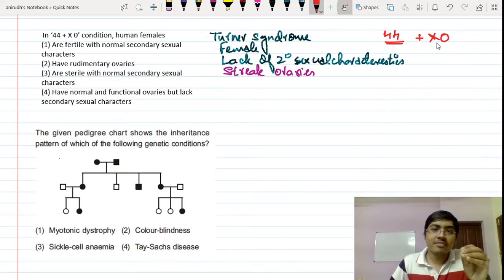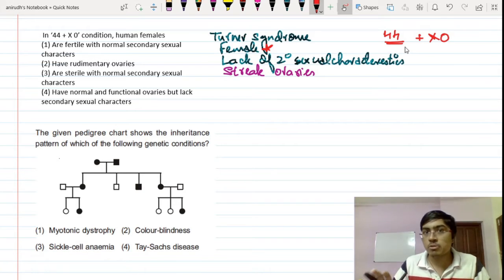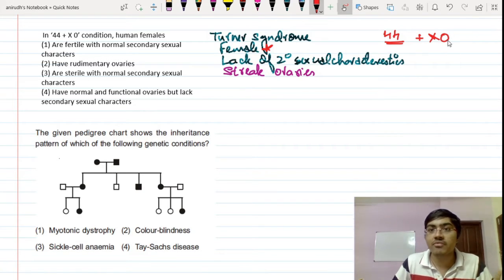This patient is a female, but for a female to be complete she should have one more X chromosome. Here she is lacking one X chromosome, so she is not a complete female in a way.